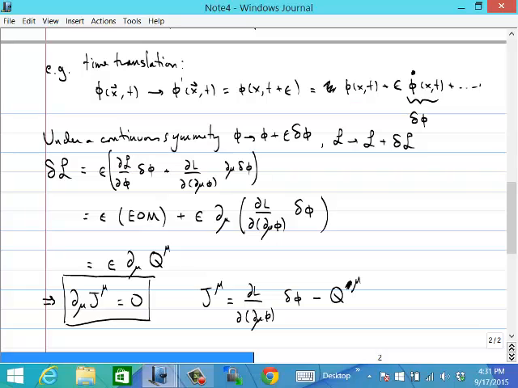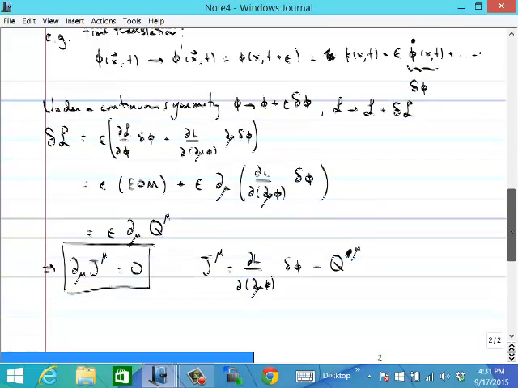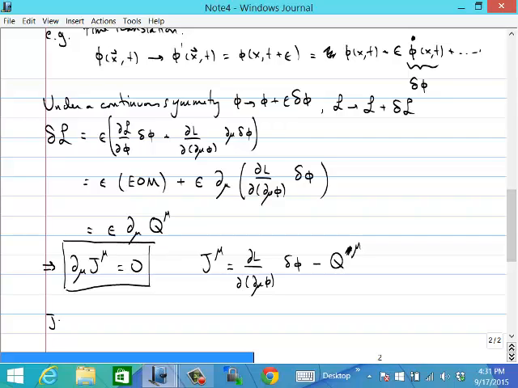And then you know that the difference between those two total derivative terms has to be equal to 0. So that means that you have this quantity J that we call a conserved current that obeys the equation d mu J mu is equal to 0.